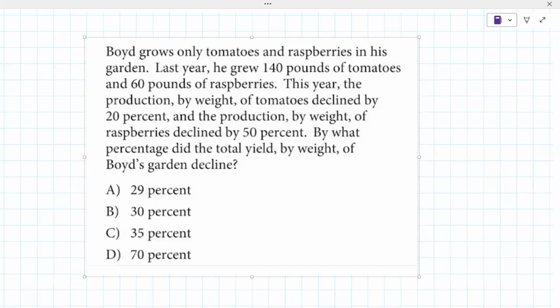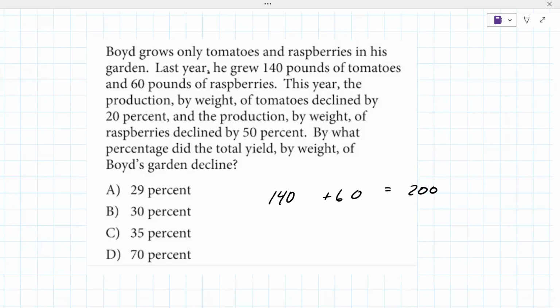Is it A? Okay, and how did you come up with A? You take the percentages of each one separately. Okay, give me your numbers. I'm trying to see what you're doing to solve this. I did 140 pounds plus 60 pounds equals 200. Okay.